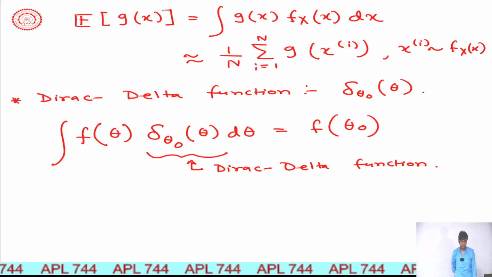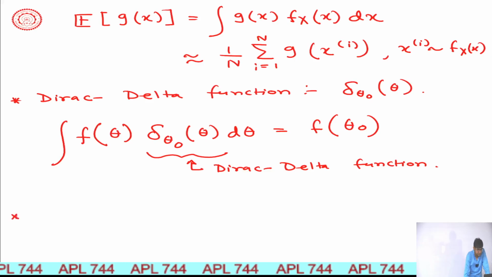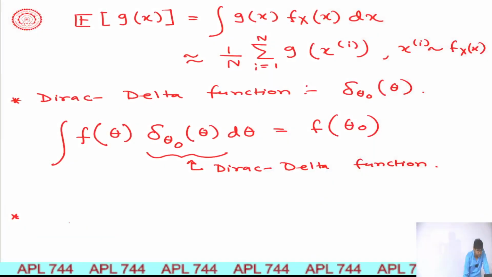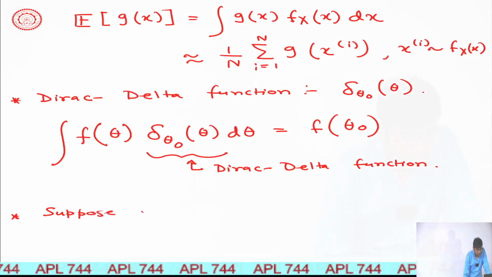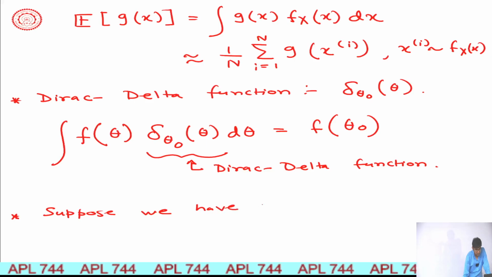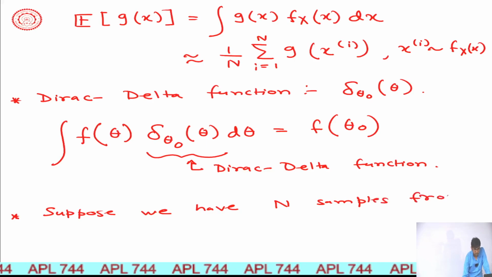So now let us consider a scenario where I have a distribution, let's call it pi of x. From that pi of x distribution I have drawn n samples, x1, x2 and so on. So suppose we have n samples from pi of x.